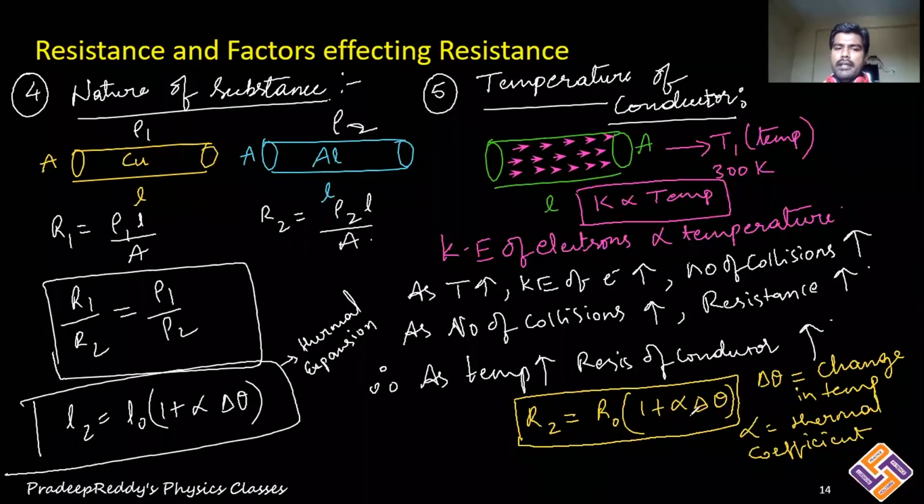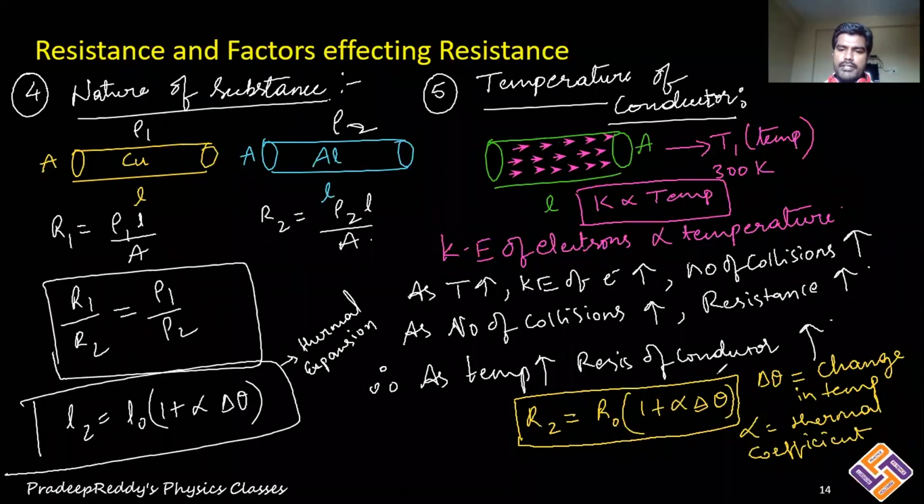Alpha in linear expansion and alpha in resistivity are not the same. They are different. They will be giving you the alpha value, like how it depends upon temperature, that will be given to you. So alpha you can find out. If all the values are given, you can find out alpha. If alpha is given, you can find out the resistance, how it varies.